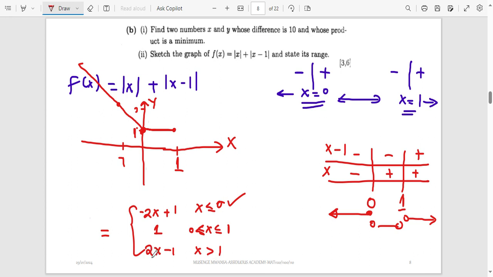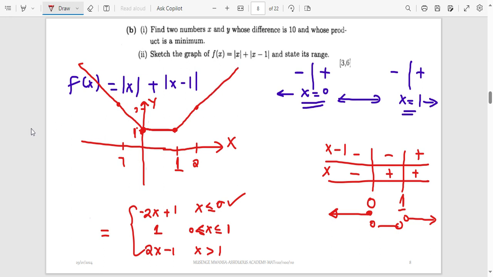To get 1, you put where there's x. 2 times 1 minus 1 is giving us a 1, so that will be a coordinate. To get any number above 1, for example, a 2, when x is 2, what will be the y value? 2 times 2 is a 4, minus 1 is a 3. So we're getting 2, comma 3. So there should be a straight line. Just join using a ruler or anything. So that will be it.